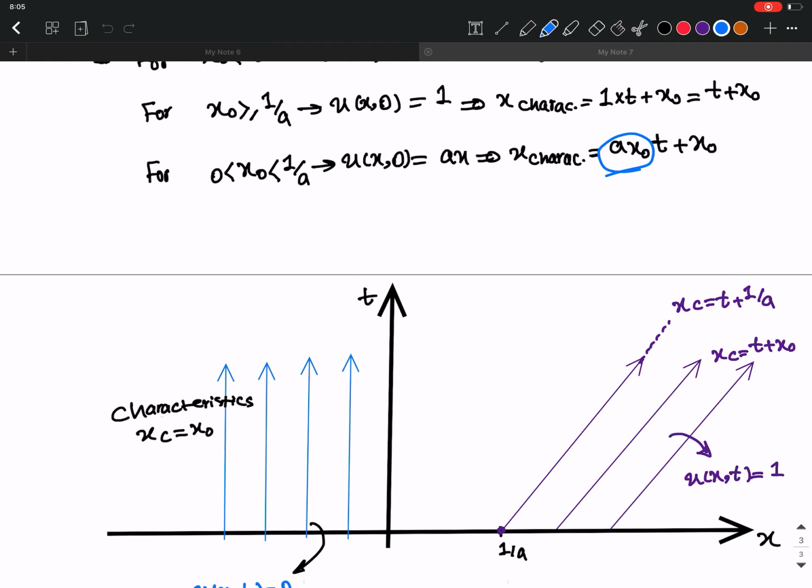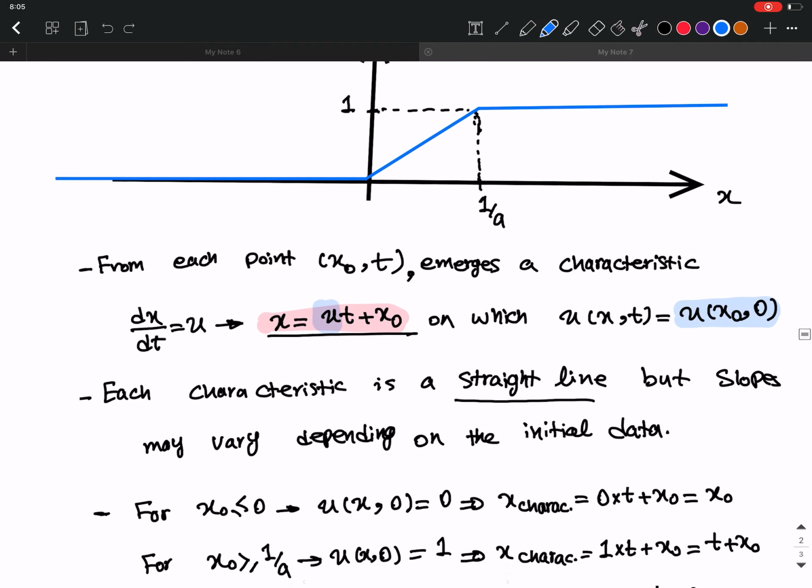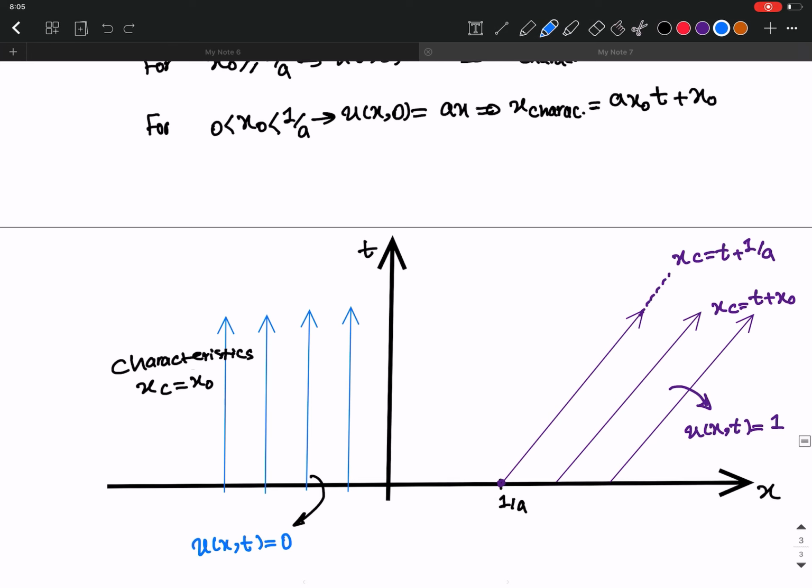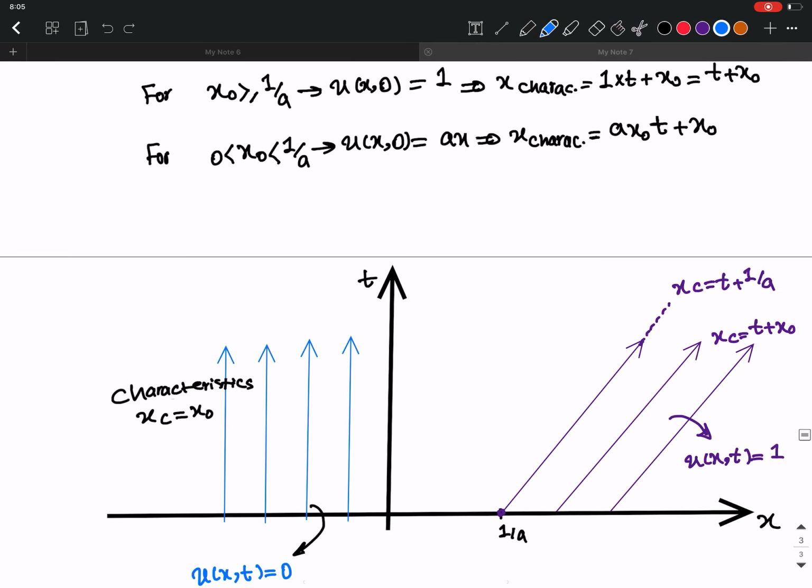When x0 is 0, this is going to be 0, and when it is 1 over a, the slope is going to be 1.